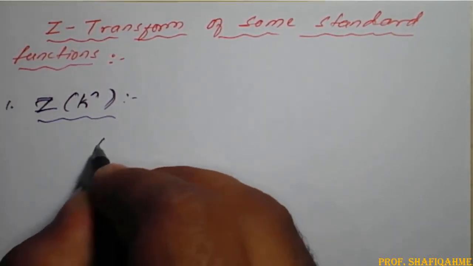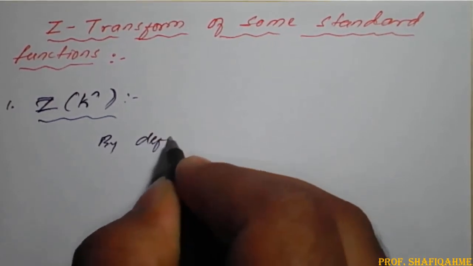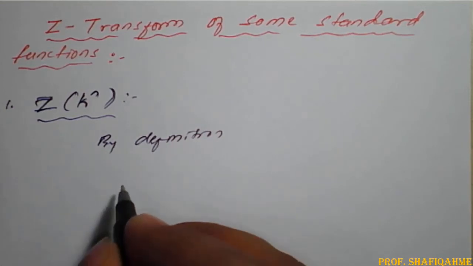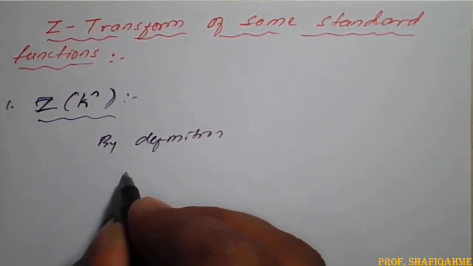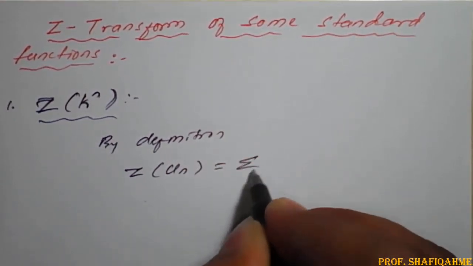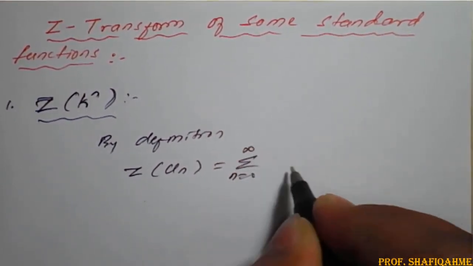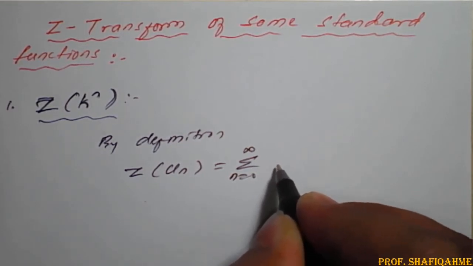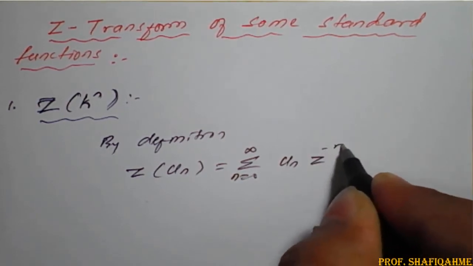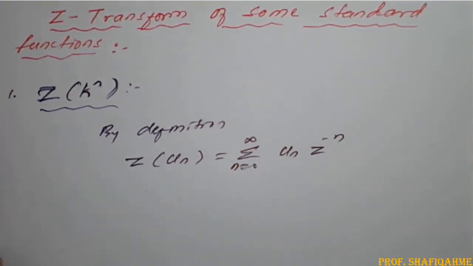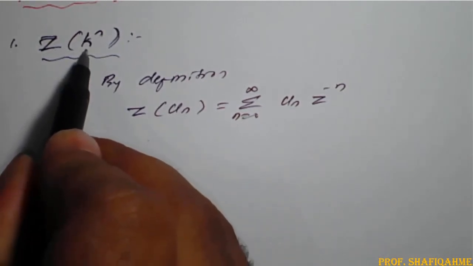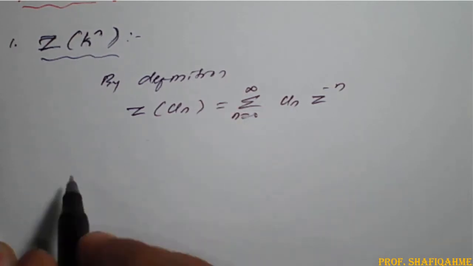By definition we know that the Z transform of u_n is nothing but summation n from 0 to infinity of u_n into z raised to minus n. This is our definition of Z transform. So here, in place of u_n we have k raised to n, we will replace it here.